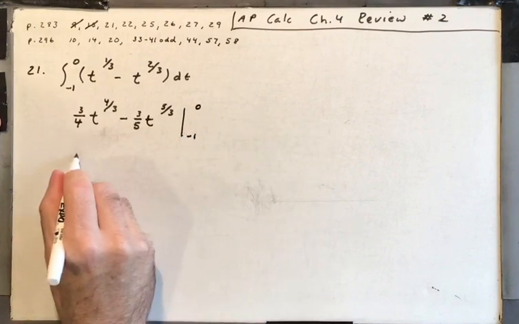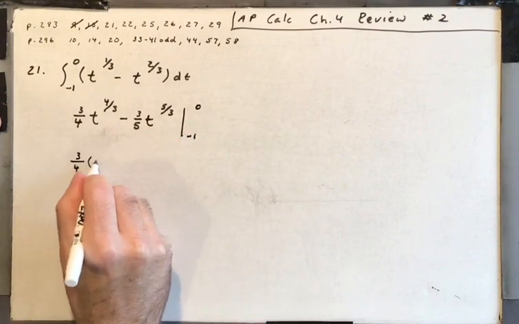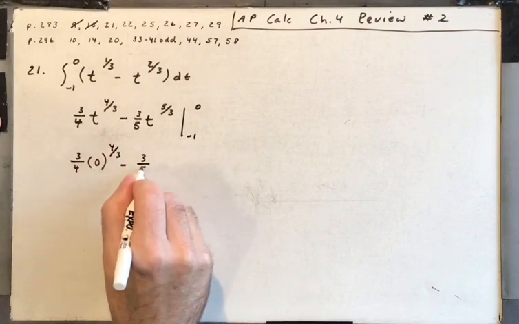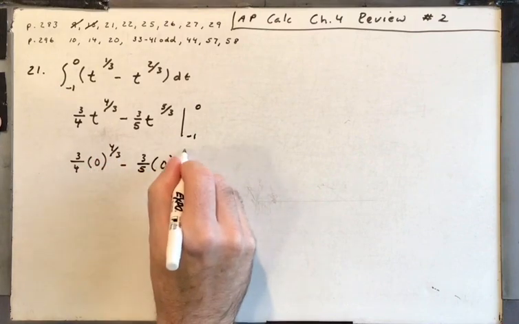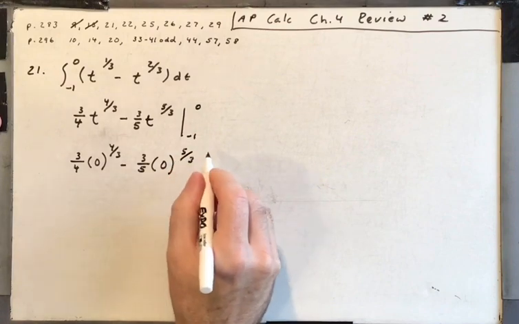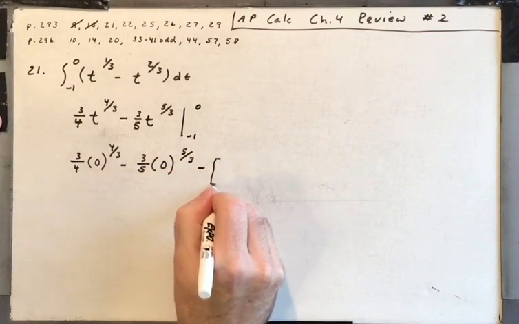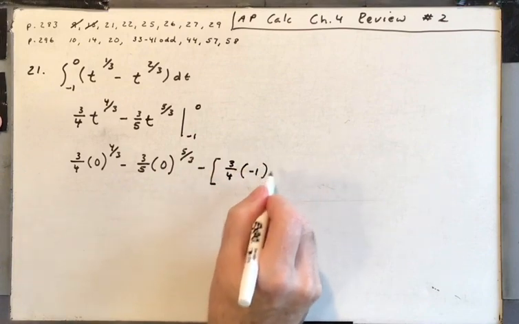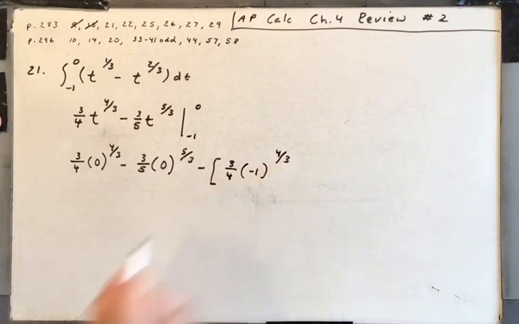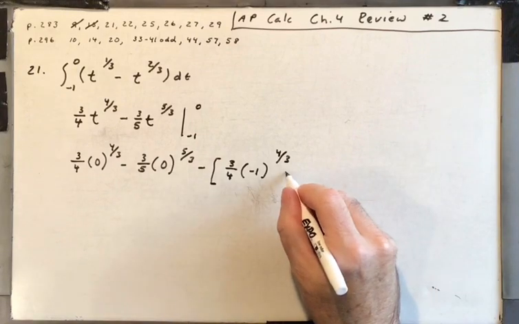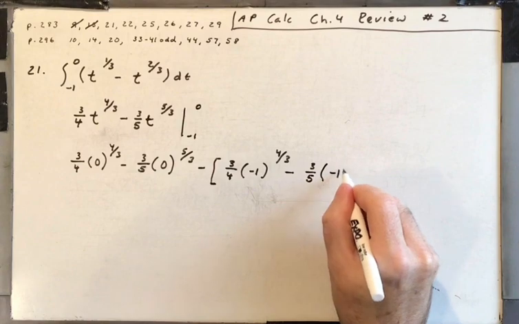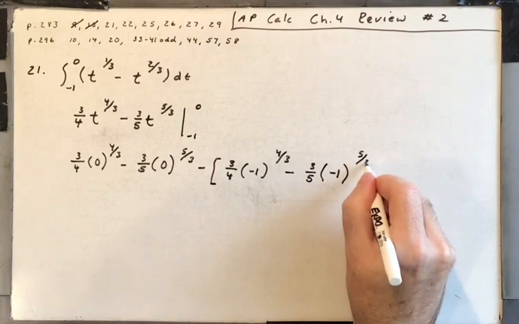We love 0. So it's 3/4 times 0 to the 4/3 minus 3/5 times 0 to the 5/3. So that's just going to be a big fat bagel, right? Minus 3/4 times -1 to the 4/3, minus 3/5 times -1 to the 5/3.